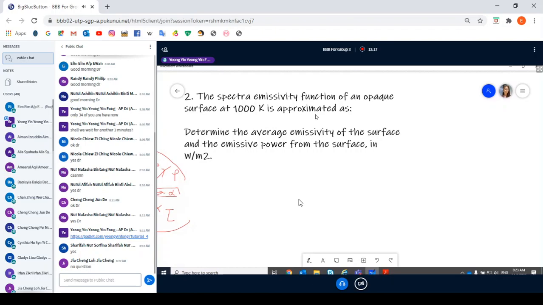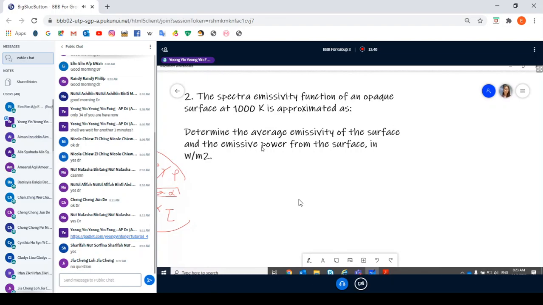So the spectral emissivity function of an opaque surface at 1000 Kelvin is approximated as given over here. You have different emissivity values in different wavelength ranges. Then determine the average emissivity of the surface and the emissive power. Students, emissive power means that your answer is in watt per meter square.